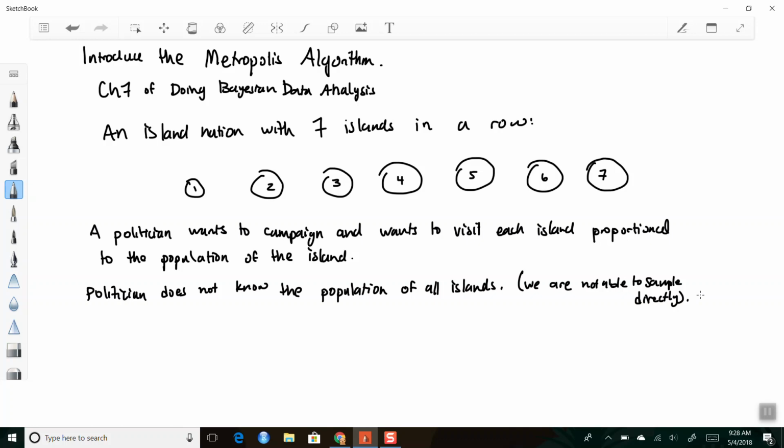So we are able to call up one island and find its population. Okay, this is very silly, but all right.